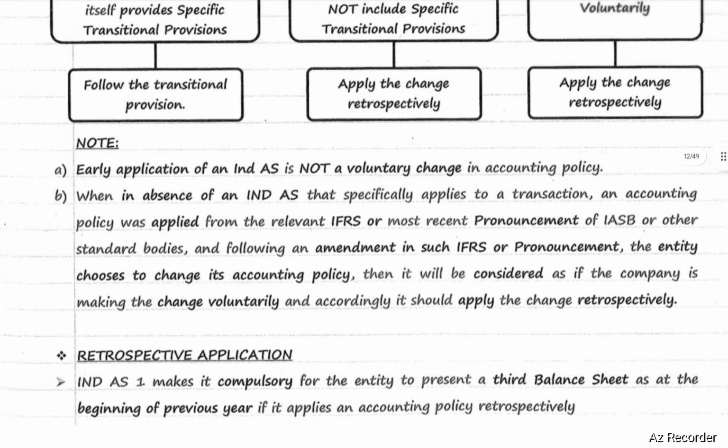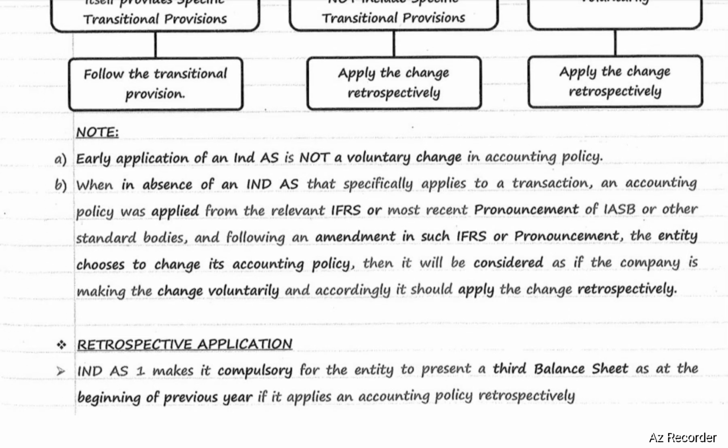Retrospective application, Ind AS 1 makes it compulsory for the entity to present a third balance sheet as at the beginning of the previous year if it applies an accounting policy retrospectively.